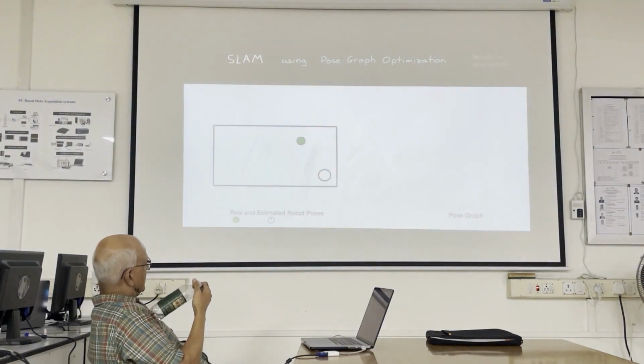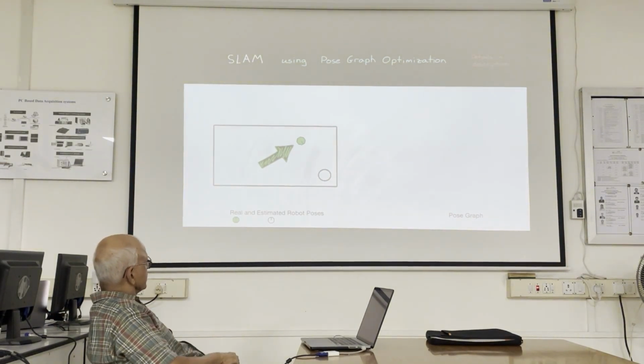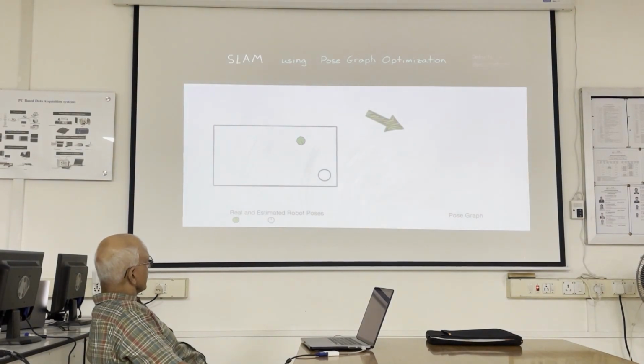Just like before, we have our real and estimated robot poses, which at the beginning lie right on top of each other in the real environment map. But now on the right, there's also this blank area, and this is where we're going to build up the pose graph. The first thing our robot does is take a measurement of the environment.